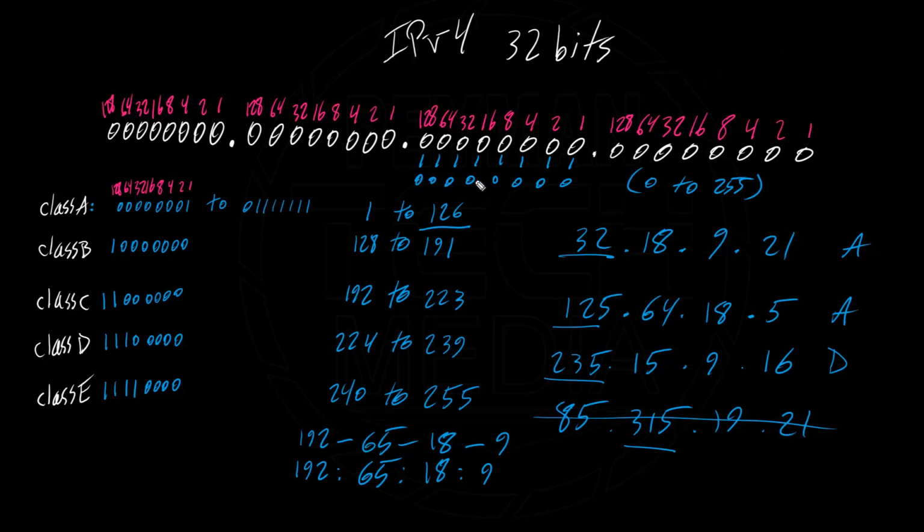If all the bits are turned off, we don't need to add any of these values, therefore the decimal is 0. If all the bits are turned on, we add all of them, 128, 64, 32, and so on. When we add them all together, that's 255. That is why in every octet we see the range from 0 to 255.